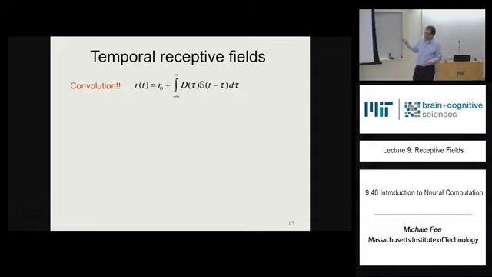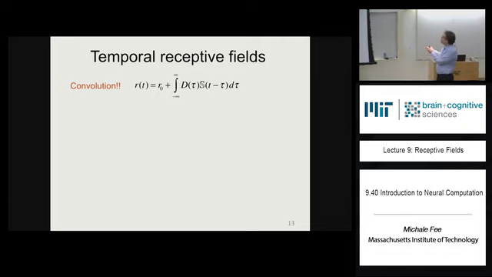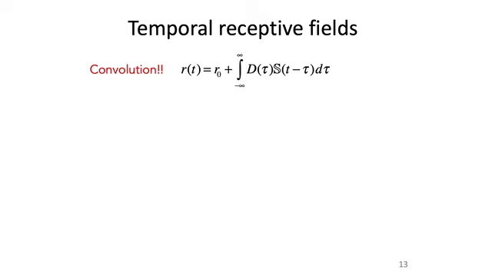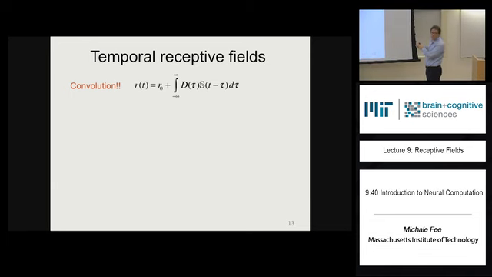So mathematically, we're taking this linear kernel, this linear filter, sliding it over the stimulus using this variable t, and we're integrating over this variable tau. So we have a kernel d multiplied by the stimulus at different time shifts.